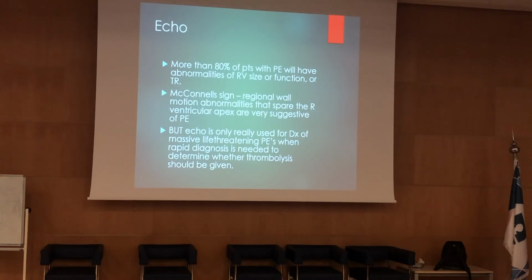In ICU, why? Because they are ventilated, so we can't send them to the CT scan easily. Some of them have acute kidney injury, so we can't give them contrast. So the alternative test is echocardiogram. If it is suggestive, immediately we are going to recommend starting treatment for pulmonary embolism.